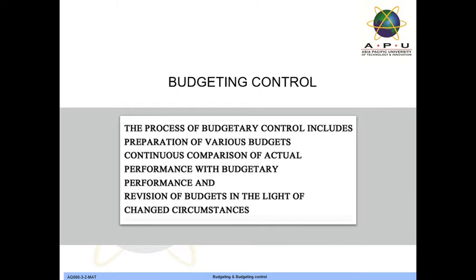So basically, what you have to understand is that you compare budget performance with the actual performance. From there you know the variance, and from there the company can decide the next action to take.